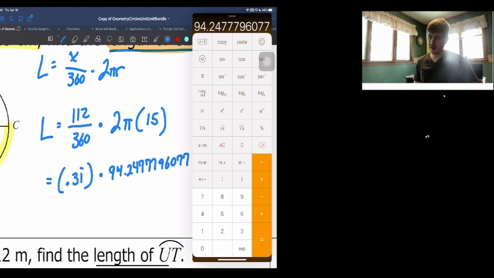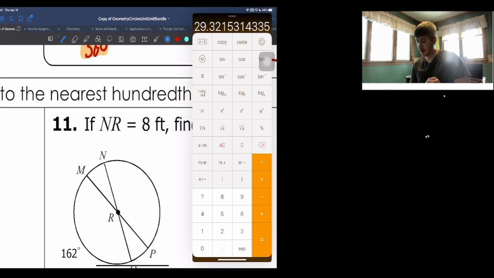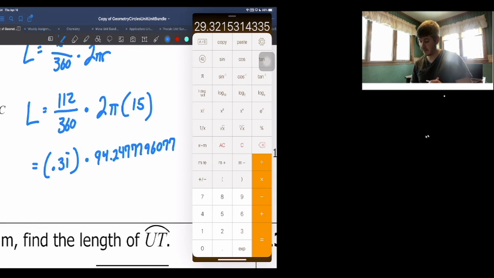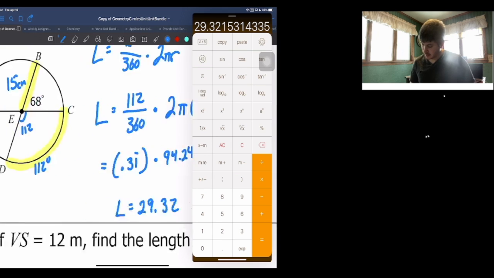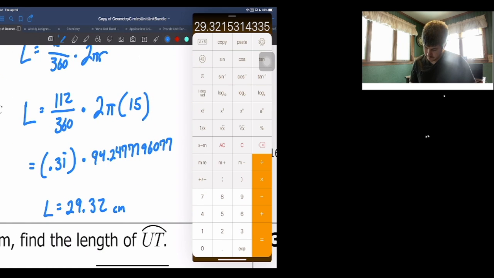Now I can multiply it by that percent, 0.31, and since it's repeating, I'll hit 1 until my calculator can't do it anymore. Hit enter, and the directions tell us to round to the nearest hundredth. So the length is equal to 29.32. And what was it, centimeters? Yeah, 29.32 centimeters.